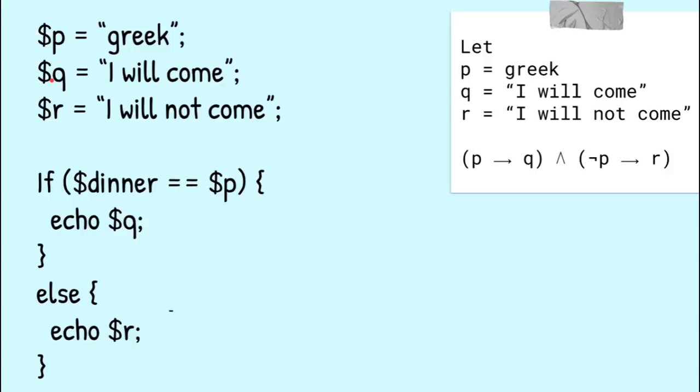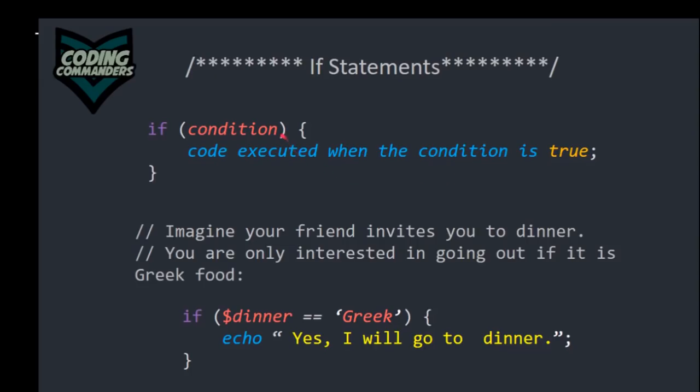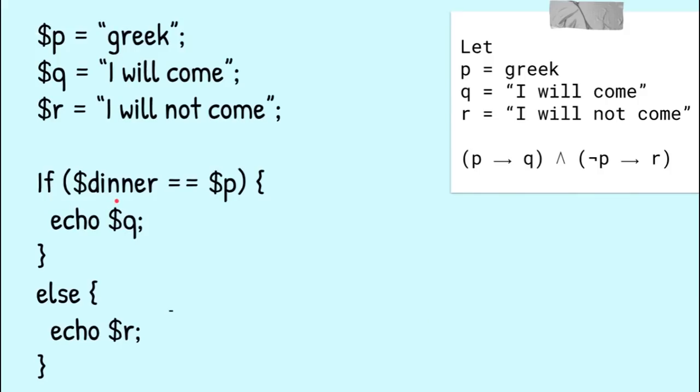Then I have $Q equals I will come. We're ending each line with a semicolon because that's how you do it. $R equals I will not come. So basically the condition is your P, and then inside is your Q. If dinner equals Greek, echo, I will come.